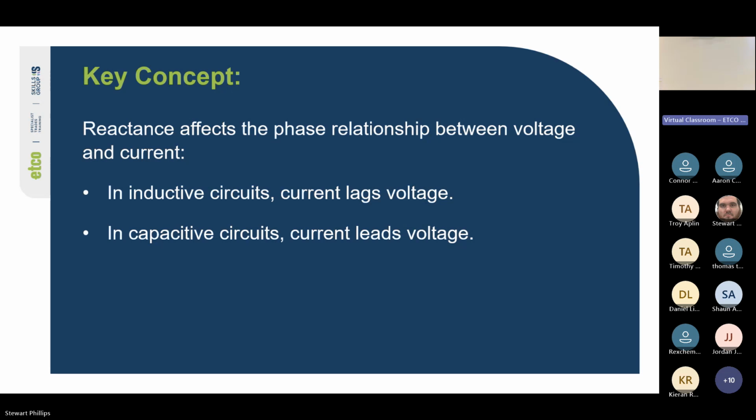And in capacitive circuits, current leads the voltage. So if you were to draw a voltage waveform on a piece of paper, the capacitive current would be ahead of the voltage and the inductive would lag behind it.